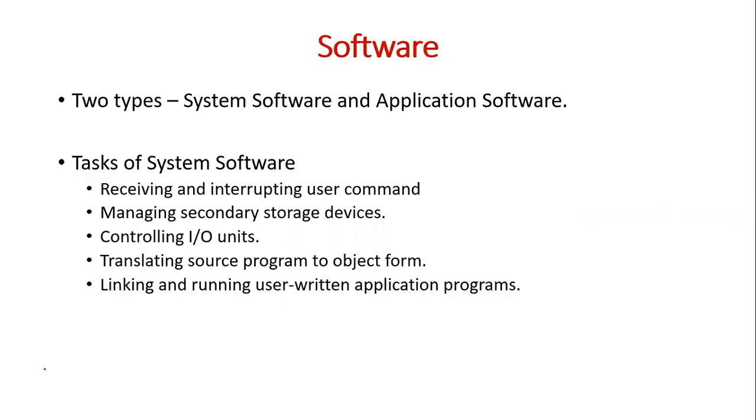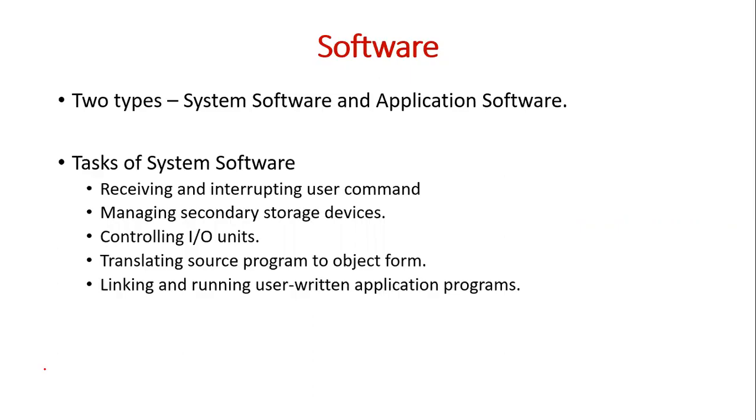So the application softwares are the ones which we use in our day-to-day life. Any application you can take, like you may be running a game, that is an application. Or any apps that you are running on your mobile phones. All these are applications.